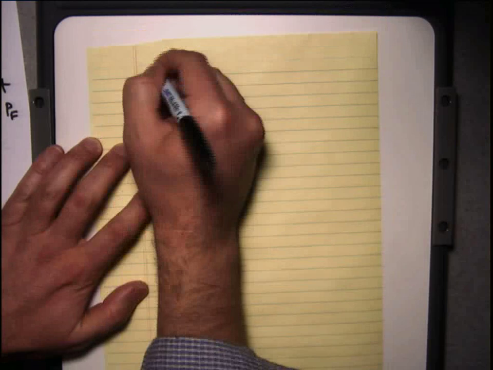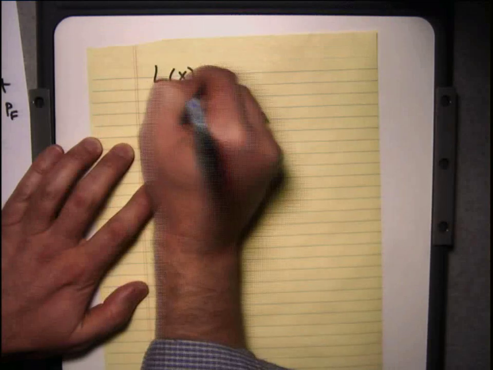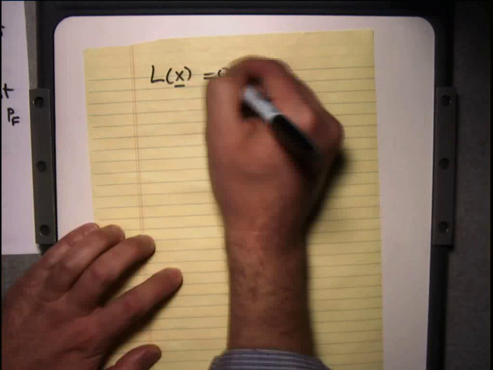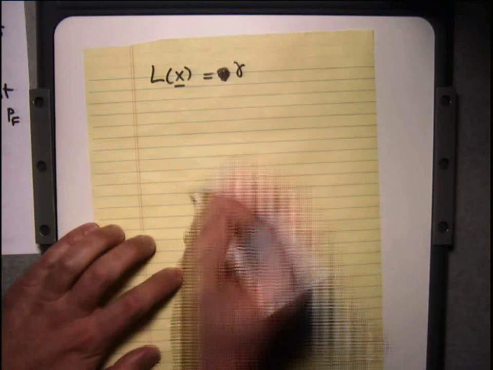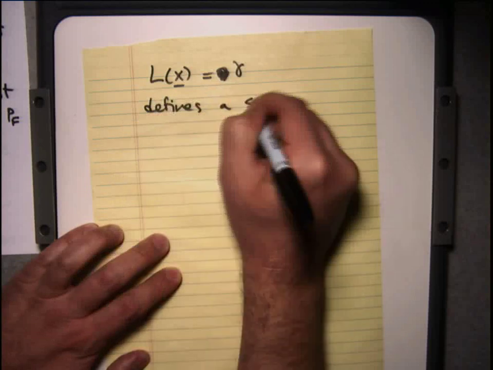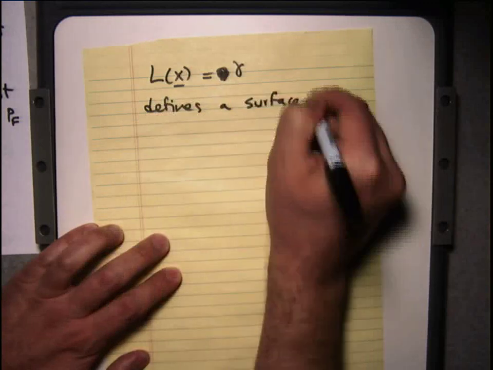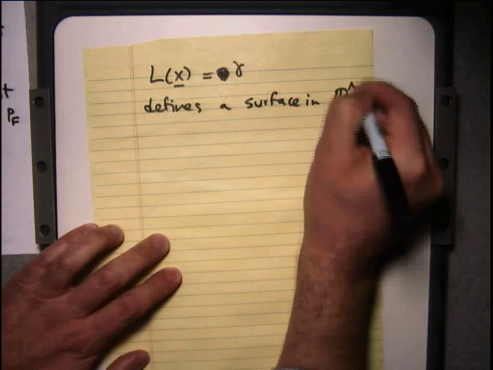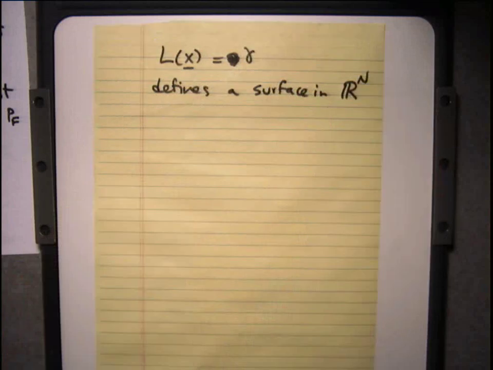More generally, this function, L of x, not equal to 0, but equal to gamma, defines a surface in the n-dimensional Euclidean space.